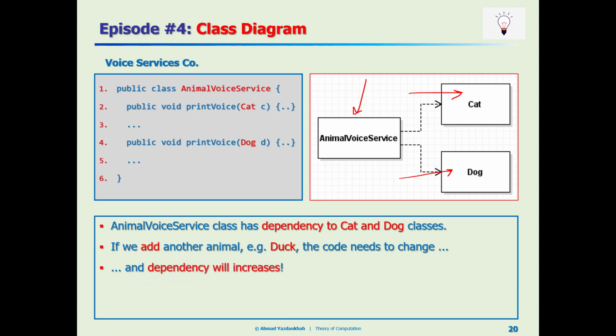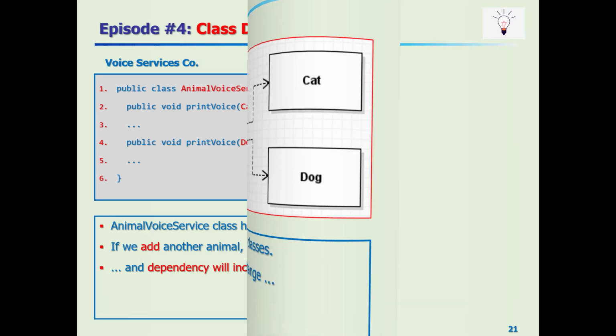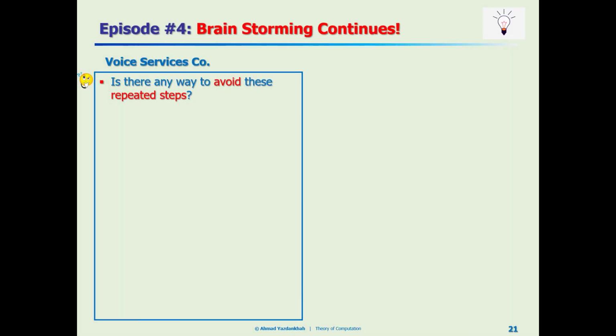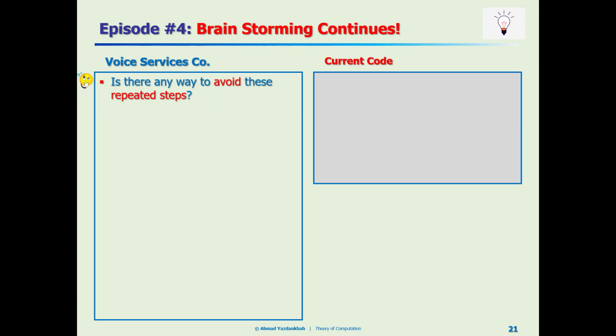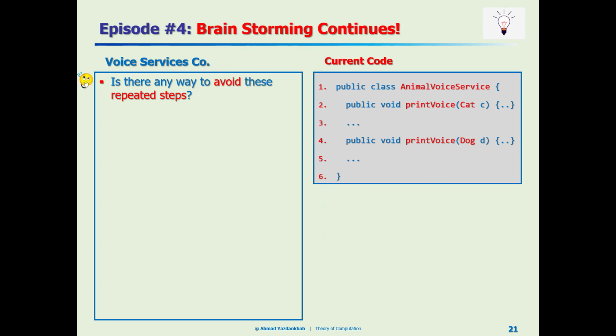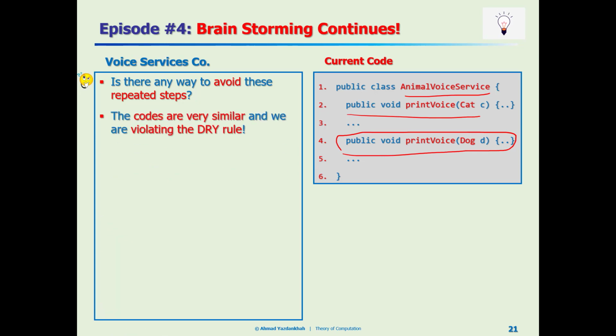Now they are thinking, is there any way that we can avoid these repeated steps that we are doing? The current code is this, right? The animal voice service, and these are the two pieces of code that just print the voice of the animal. Is there a way that we can prevent breaking the DRY rule?